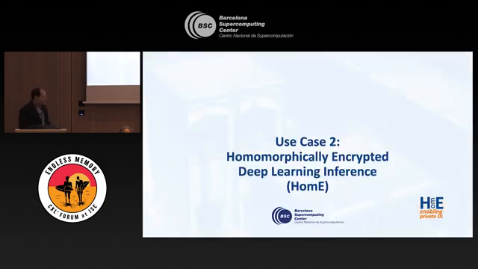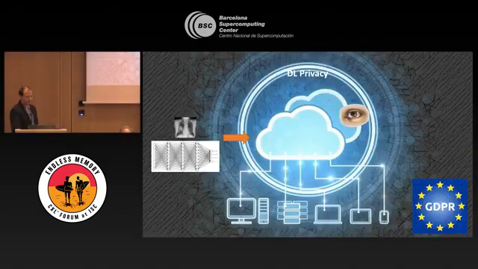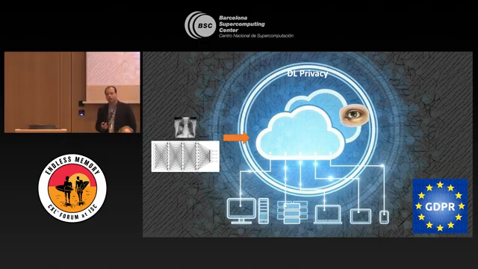Okay, and now going to my second use case of homomorphically encrypted deep learning inference. I call it HomE. This is a project, an ERC grant. There are many use cases in which deep learning users would benefit from offloading their inference tasks to untrusted servers, such as those in the cloud.